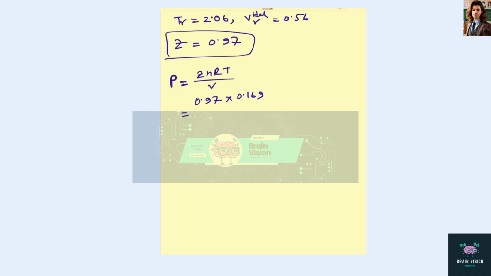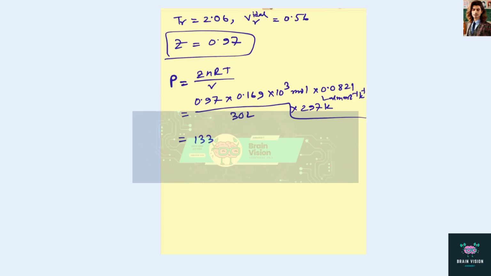The number of moles is 0.169 kilomole. Let's convert it to mole by multiplying by 10 cube. Gas constant is 0.0821 liter atm, mole inverse 1, Kelvin inverse 1. Temperature is 297 Kelvin and the volume is 30 liter. Therefore the pressure we get is 133 atmospheric pressure.